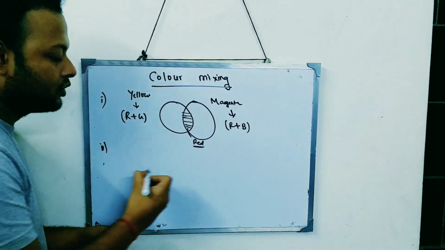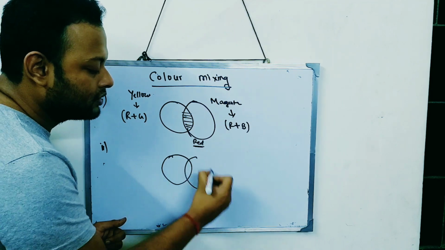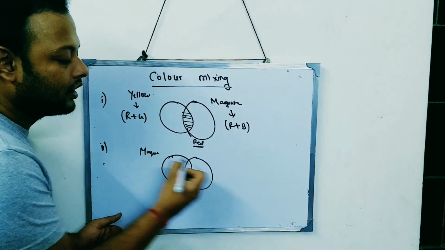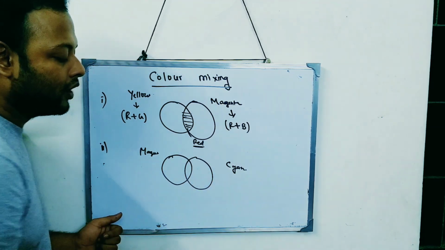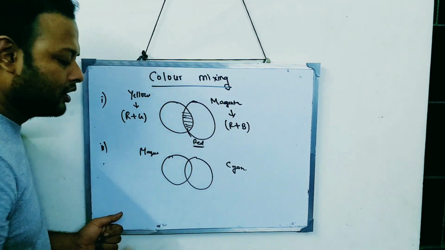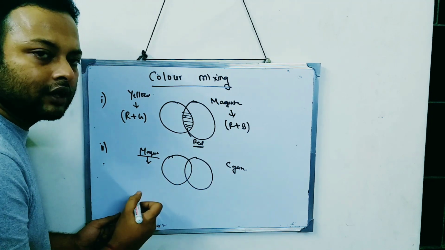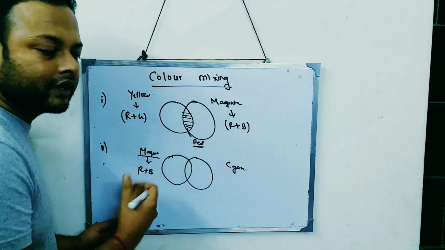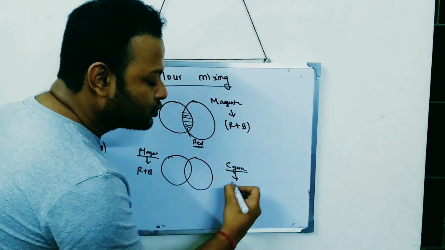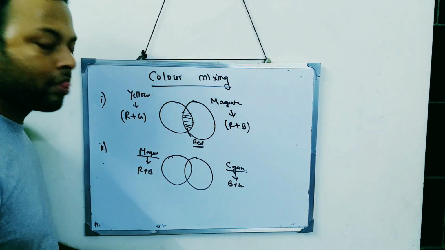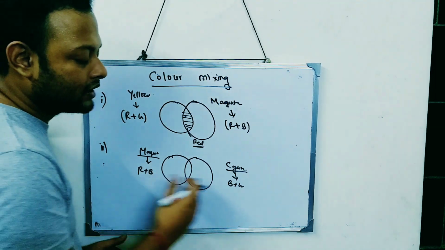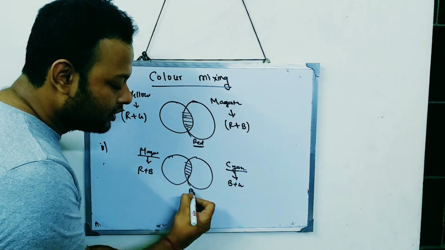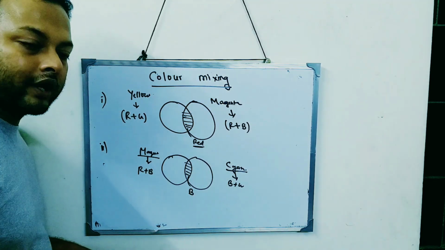Similarly, consider two colors, magenta and cyan. What will be this color? Magenta can reflect red and blue, because magenta is combined of red and blue, whereas cyan gives blue and green. So as a result, this part will be blue.